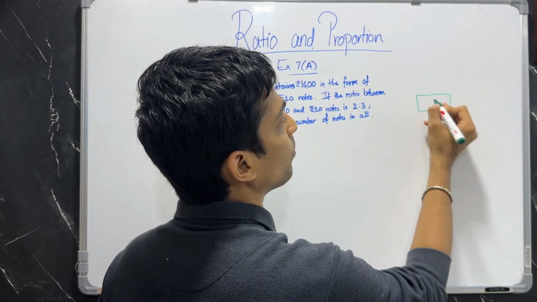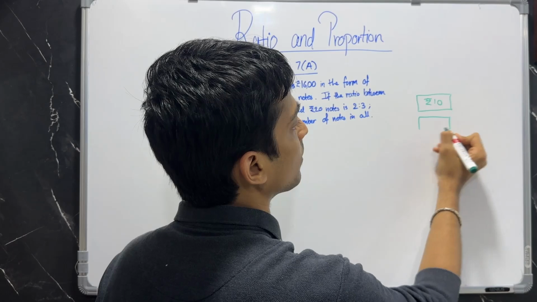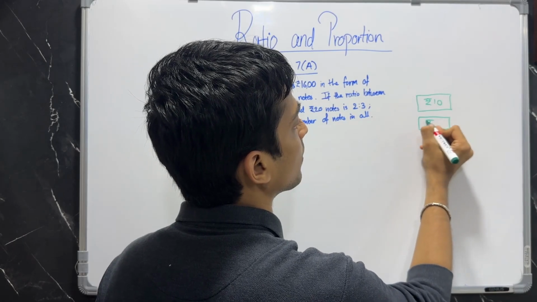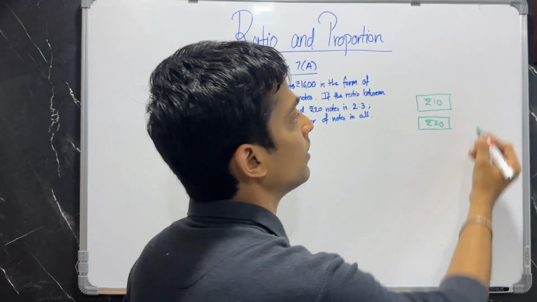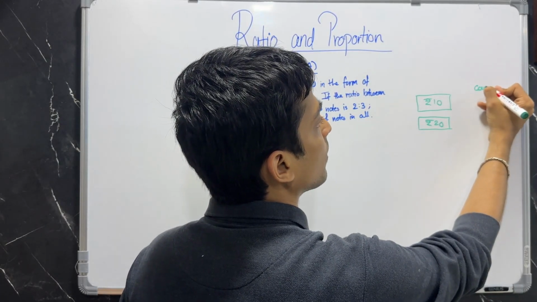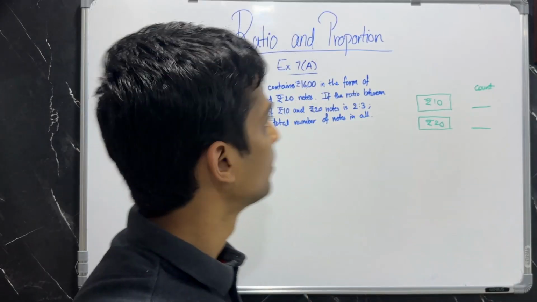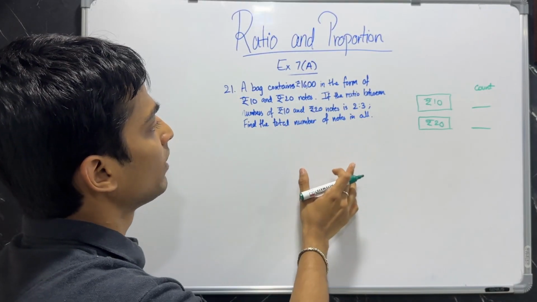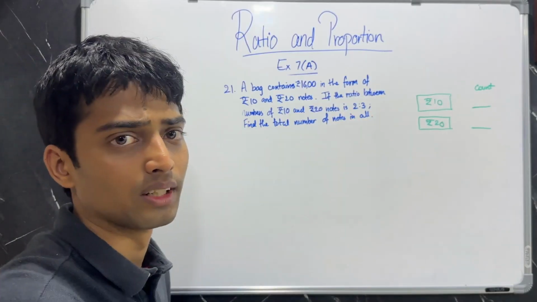There is a 10 rupee note and there is a 20 rupee note. There are 2 notes and they are in a bundle. So there is some count for each. We have been told the count of them is in the ratio of 2:3.